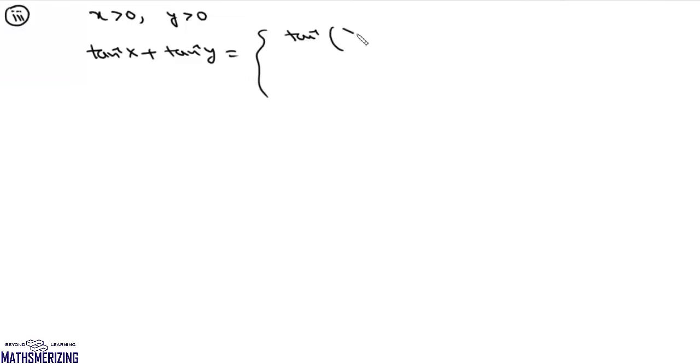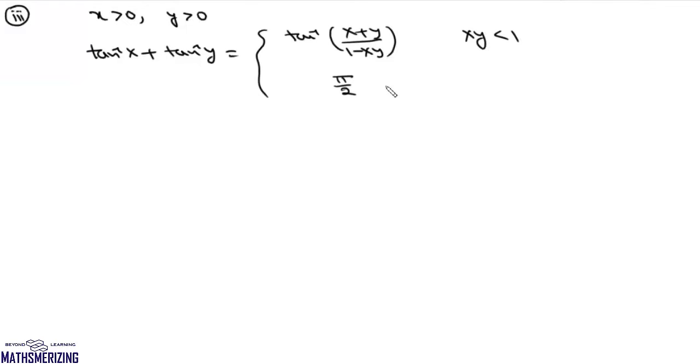Now we'll come to our third set of formula, and here also we'll take x as greater than 0 and y is also greater than 0, and the formula is tan inverse x plus tan inverse y, and this is tan inverse of x plus y upon 1 minus xy if x into y is less than 1.